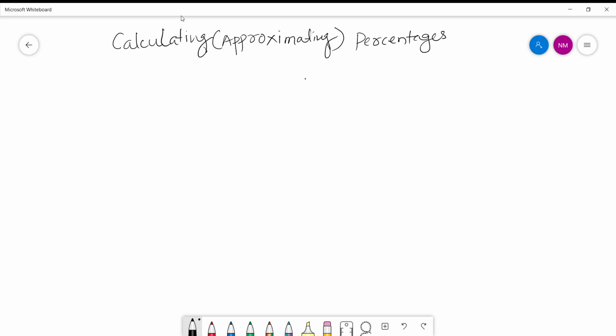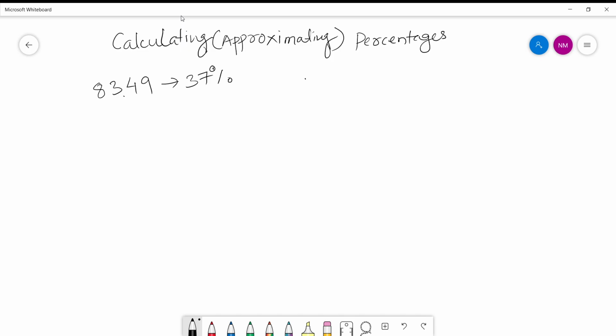So for example, if I have been given a number, let's say 8349, and I have to calculate 37% of it. So my question is, what is 37% of this value?